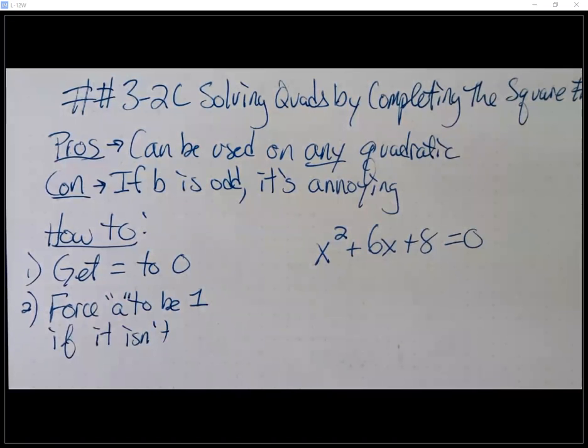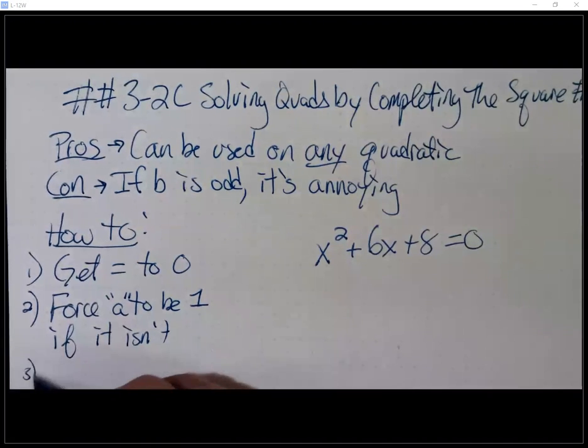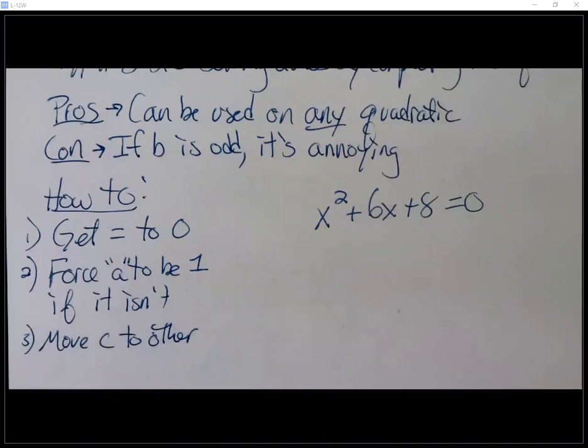Does anybody remember how you started completing the square? You move C to the other side, just C. Oh, so you know what? I actually kind of don't like my step one. If C is already over there, you don't need to move it there and then move it back. Sorry.